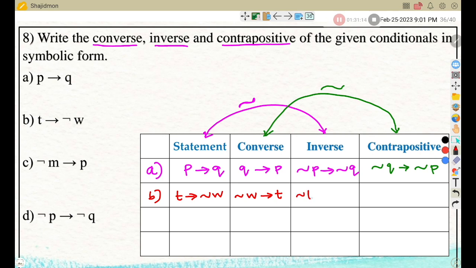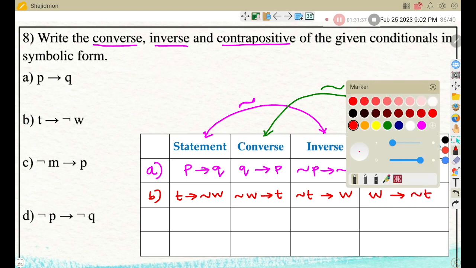So negation T implies negation of negation W, means W, correct? Contrapositive. The negation of the converse statement. So negation of negation W means W gives negation T. Hope you understood that one.